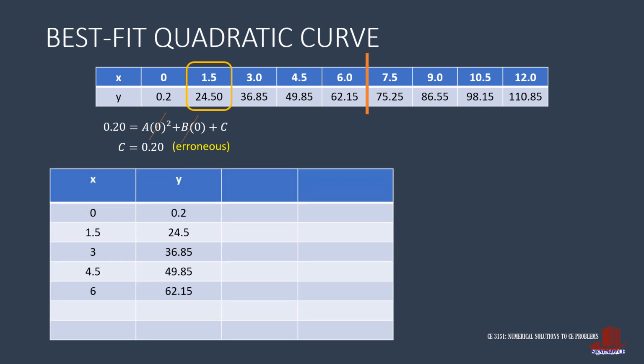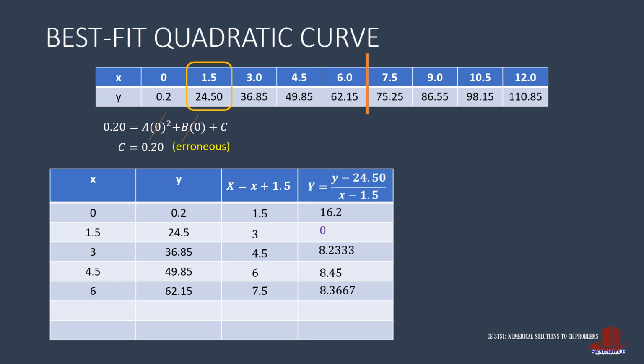The first table then contains a column for capital X, which is equated to x plus 1.5. Then capital Y is equal to y less 24.5 all over x minus 1.5. So complete the third column following the function, and also the fourth column, and also note that capital Y for the second data point is taken as 0, because that data point is where we will let the curve pass.